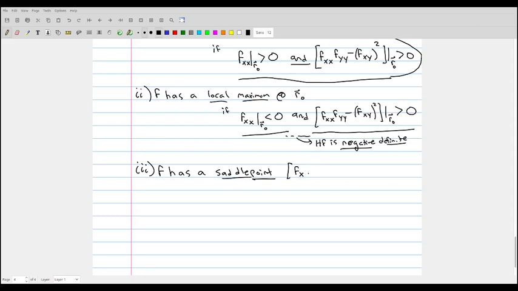It'll have a saddle point if this expression right here, fxx times fyy minus fxy squared, is negative. So the saddle point is sometimes easier to check because all we have to do is look at this combination.